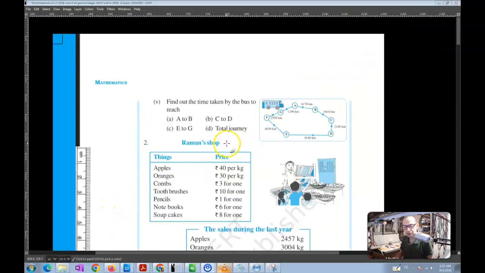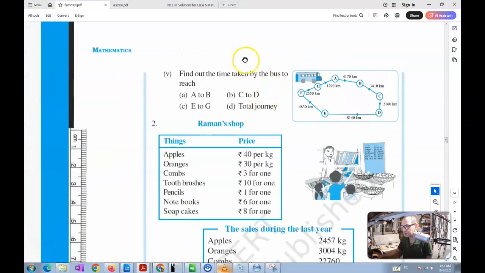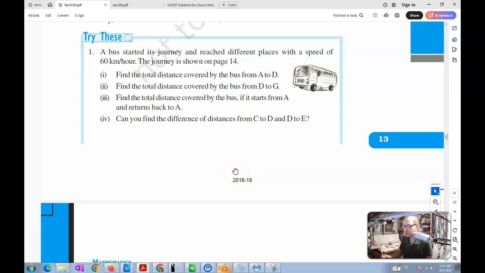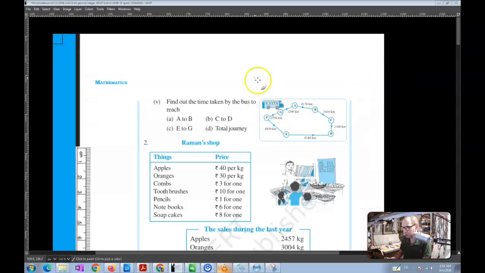Okay, now on the previous page, we saw that the speed of the bus is assumed to have been 60 kilometers per hour. So we will take it as 60 kilometers per hour.